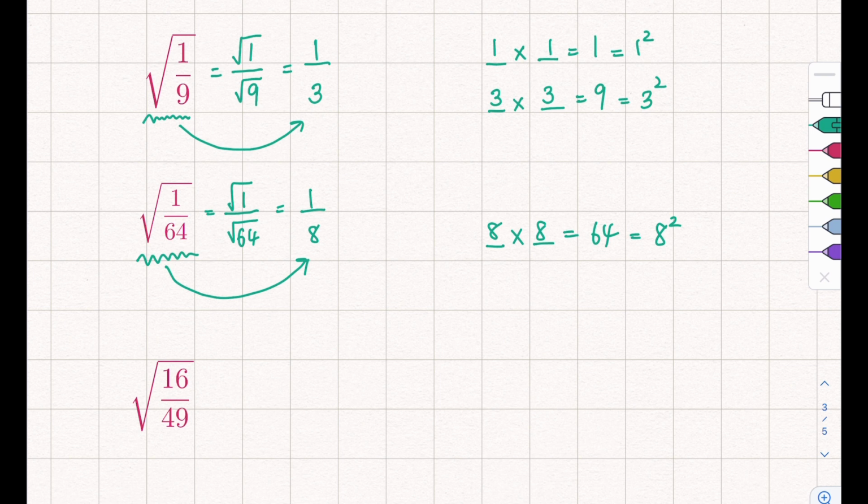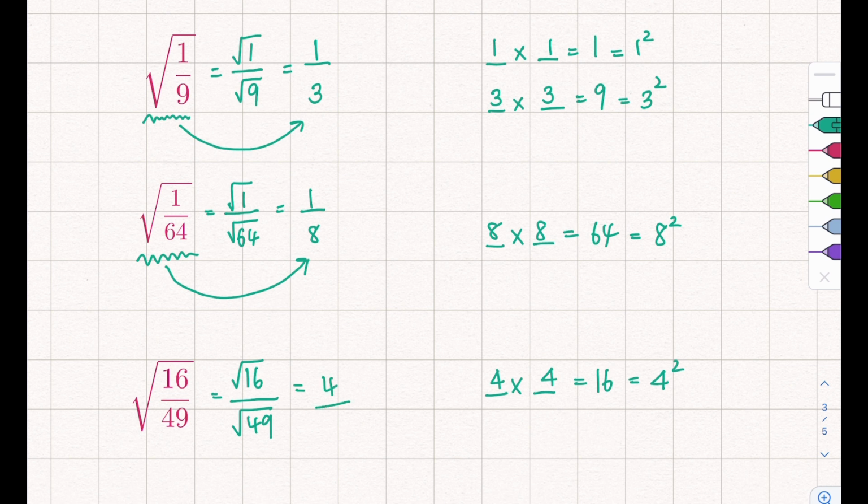And last question, we have the square root of 16 over 49. So the square root of 16 over the square root of 49. For the square root of 16, what times what gives you 16? And the answer is 4. 4 squared makes 16, and therefore the square root of 16 equals 4.